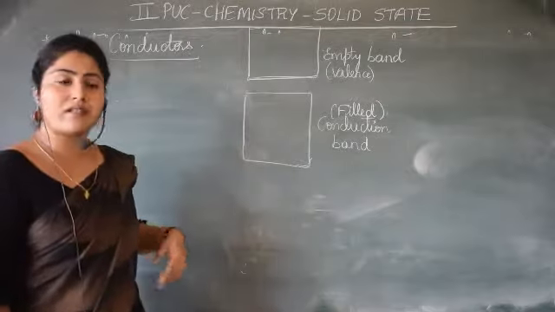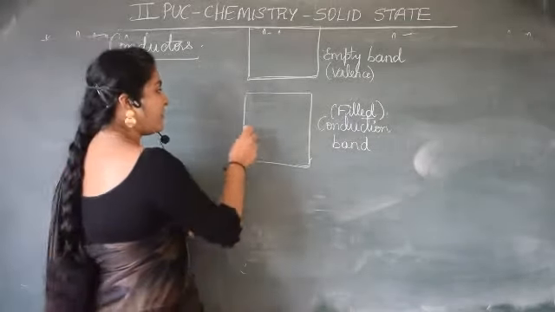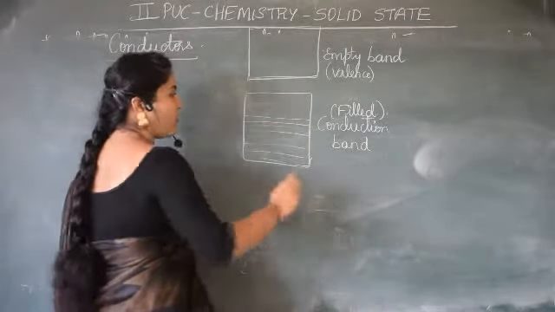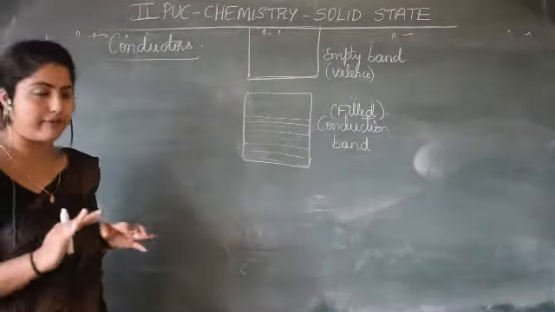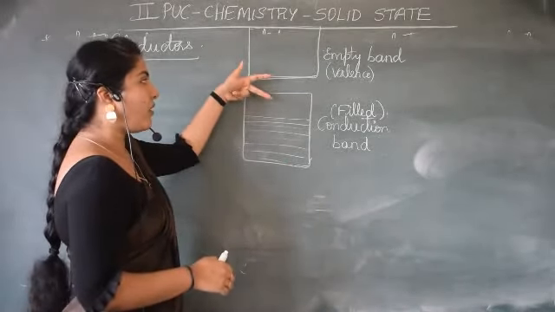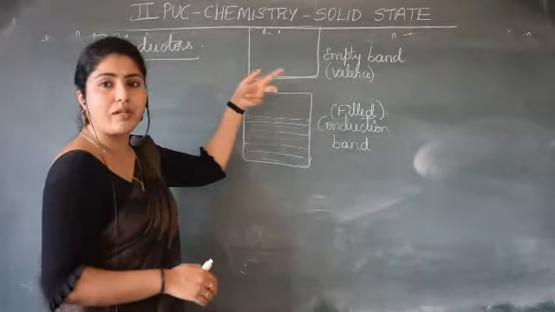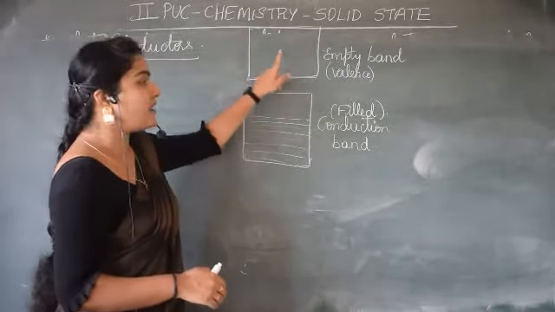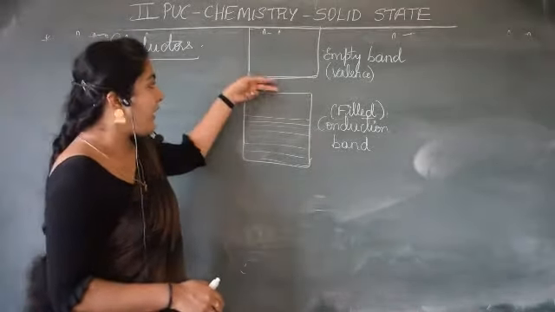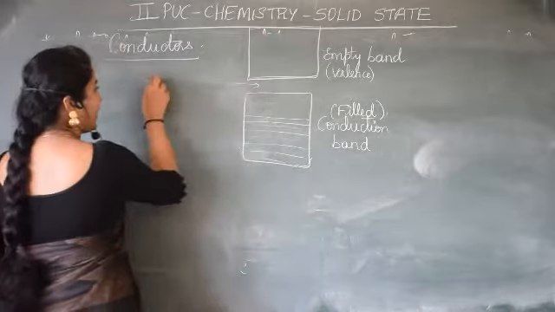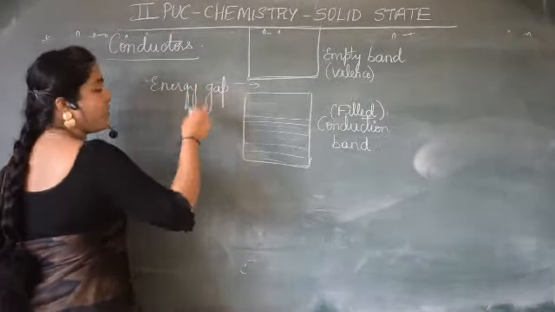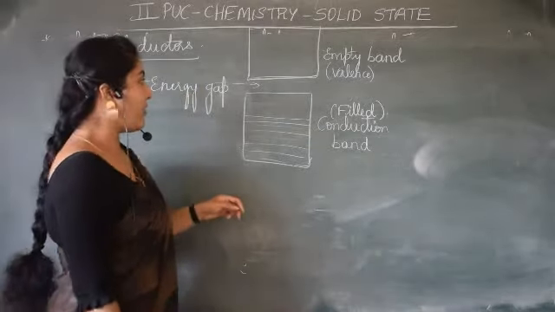In case of conductors, this band is partially filled, that is, filled with electrons but half filled or partially filled. The space between the conduction band and the valence band is called the energy gap, or also the forbidden gap.